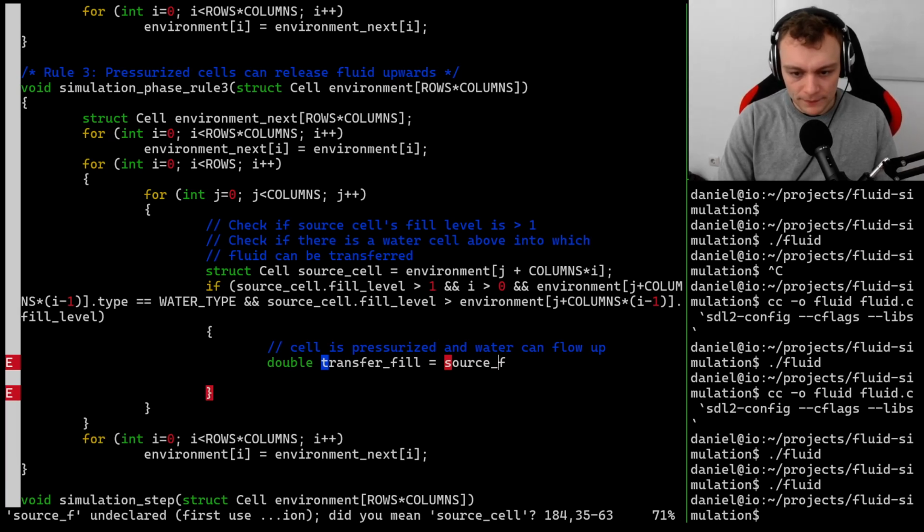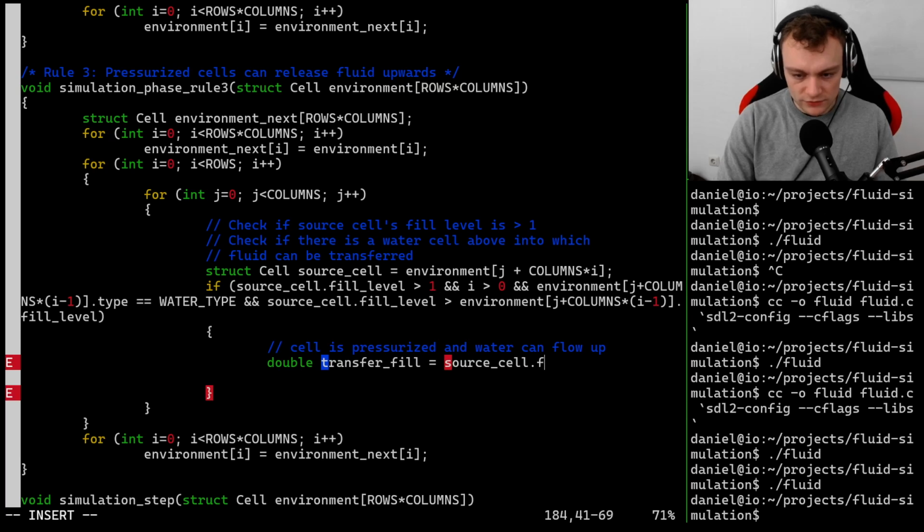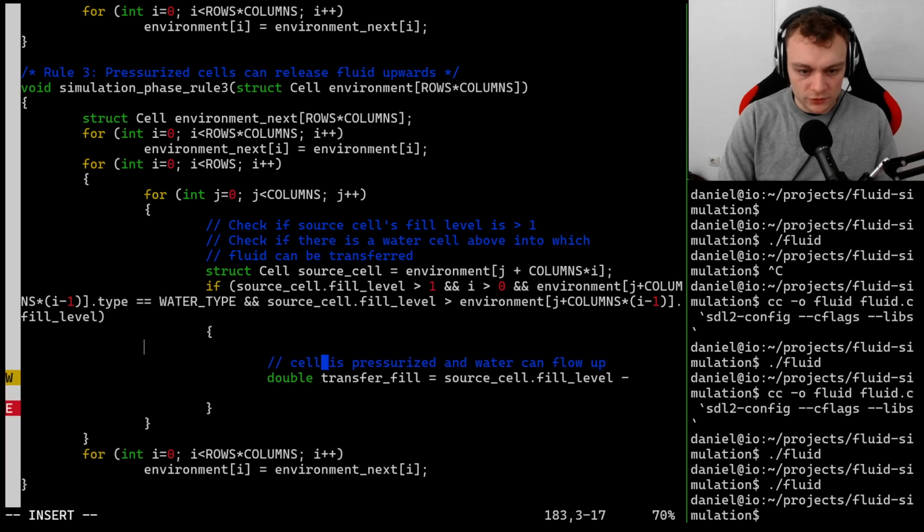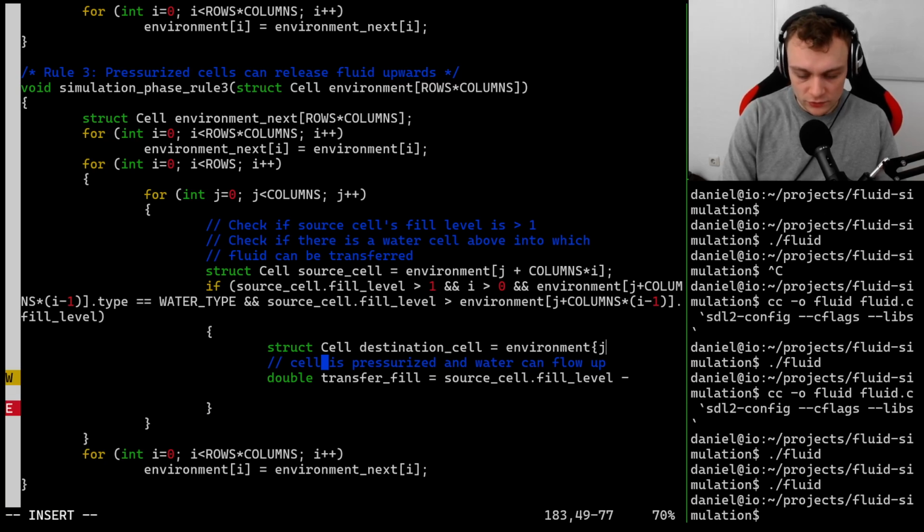Okay. Source cell dot fill level minus, let me create a destination cell here. I'm not sure if we even need it that much, because this is just a copy of the cell, and we actually want to act on the real data.